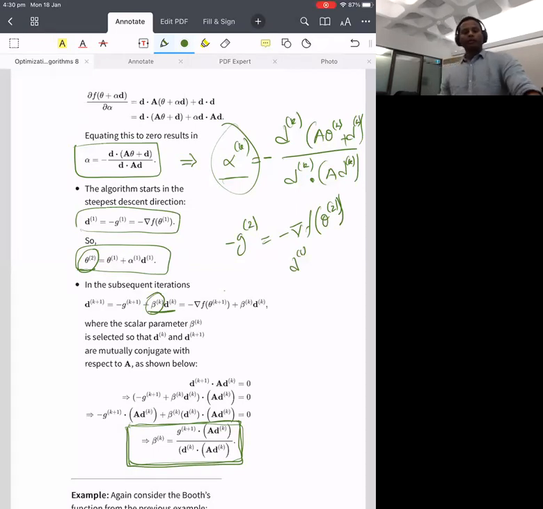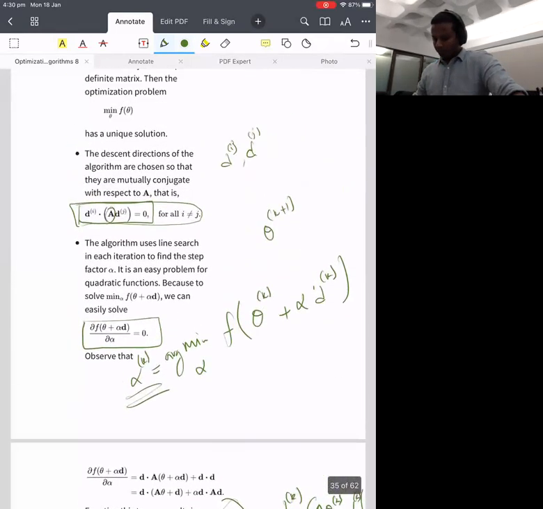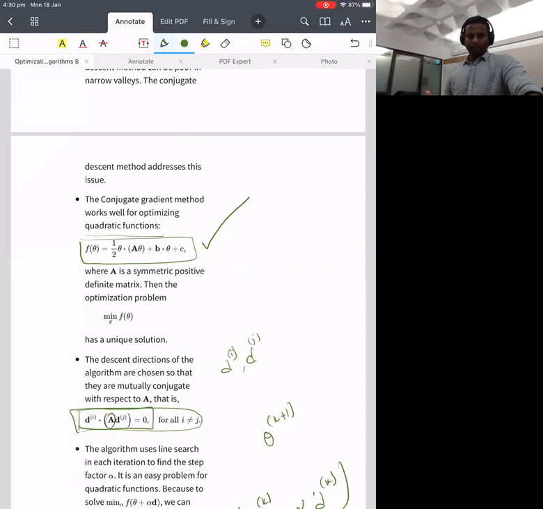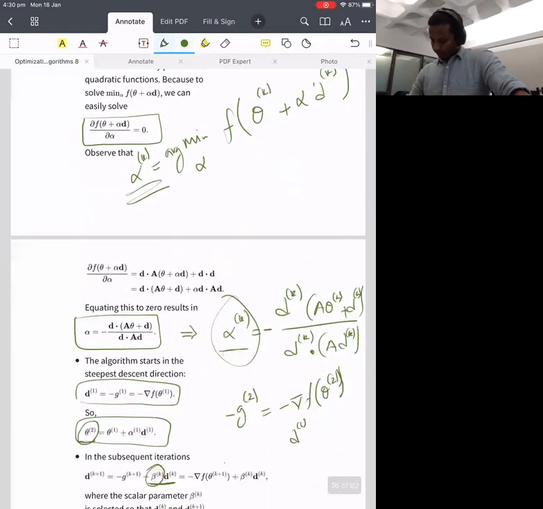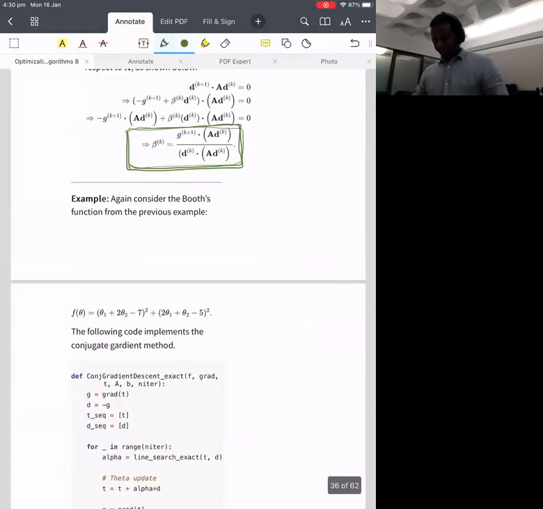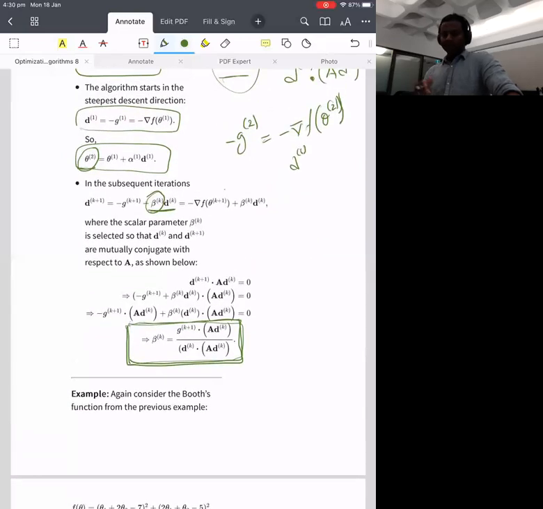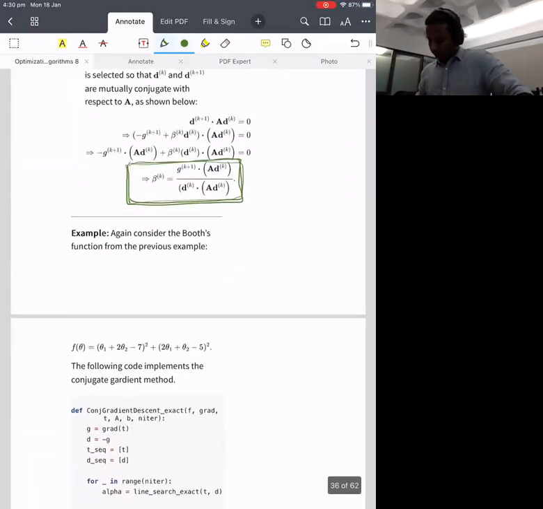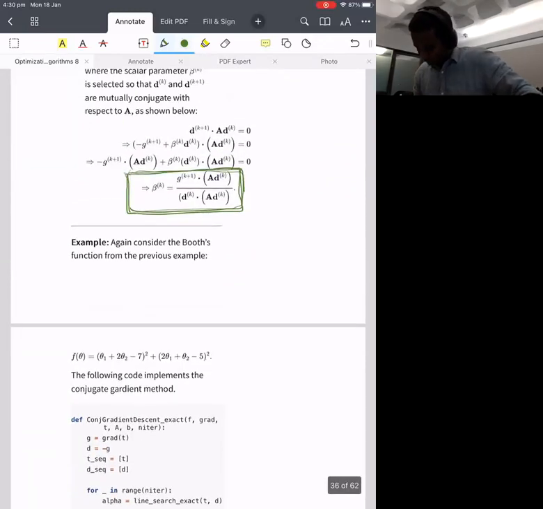What do we choose for the matrix? We already assumed in this case that the function is a quadratic function. We know A, and of course that is a constraint on conjugate gradient: if it is not a quadratic function, it is not straightforward to apply. There are some suggestions on what we do for finding beta.